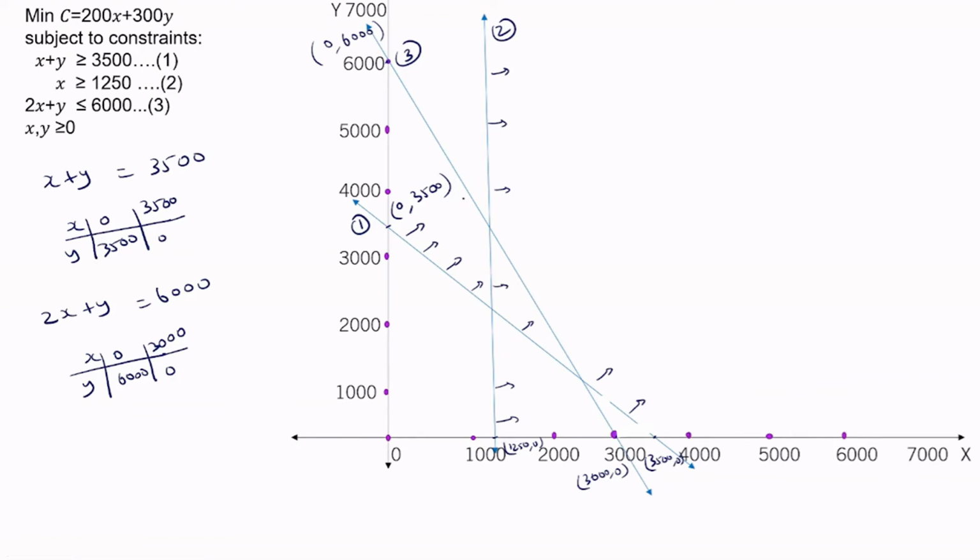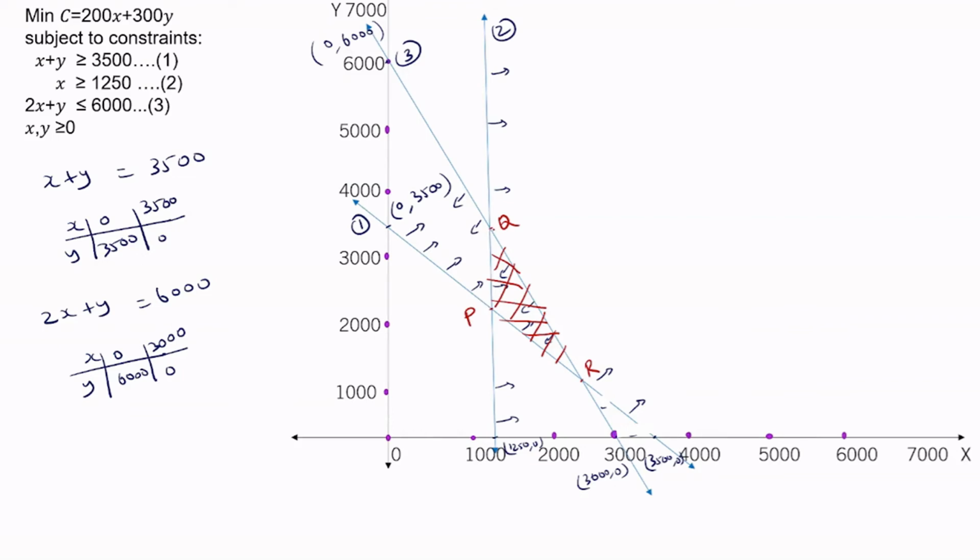The region corresponding to this inequality is this region. So this is the feasible region. And these are the corner points of this feasible region. So this is P, this is Q, and let us mark this as R.